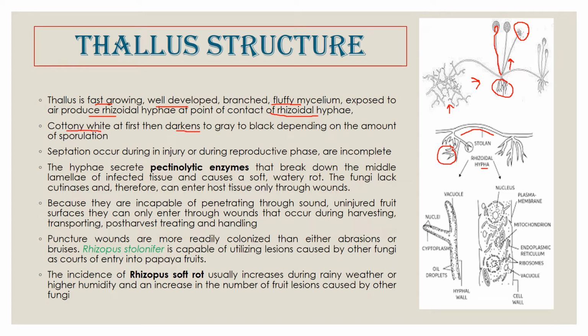The hypha is usually cottony white at the somatic phase, but as it reaches the reproductive phase, it turns gray to black depending upon the amount of sporulation. And these are aseptate hyphae, which means that there is no septation. Here we see that this hypha is without any septation. They are branched, but there is no septation.